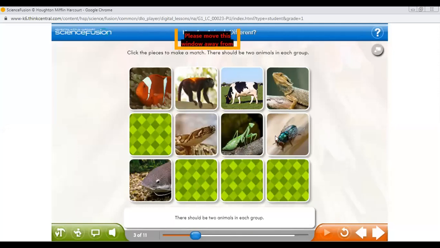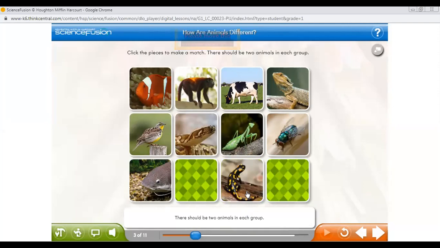Now, these two have already matched. These are the insects because they have three body parts and they have six legs. So these are the insects. So now we have to find the bird which has the feather and which has wings. So let's see. Is this the bird?